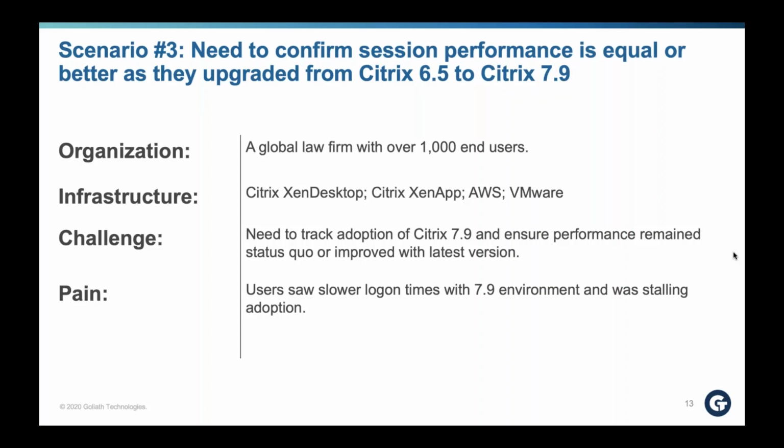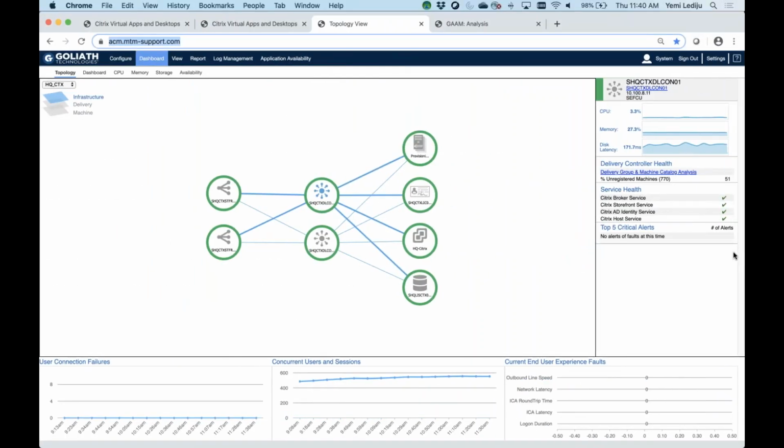So in this case, they reached out to us, we deployed our technology, and leveraging the embedded intelligence and automation, they were able to take a look at our automatic discovery and dependency map for Citrix.